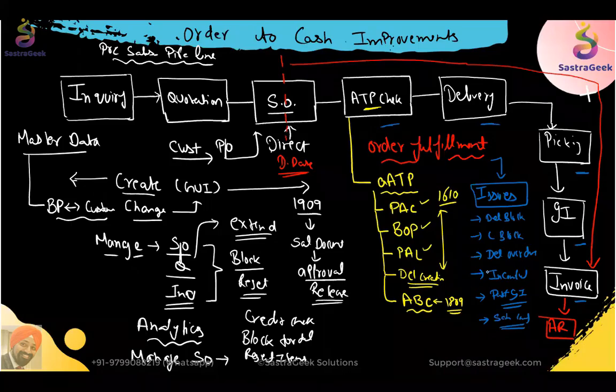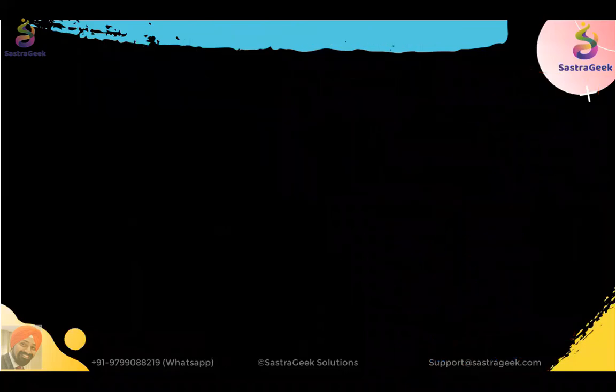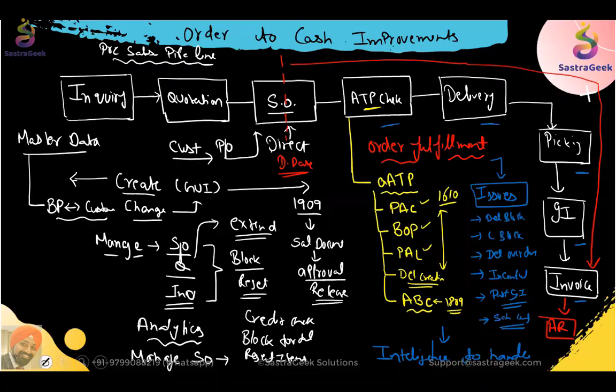Apart from the normal process, the key thing which is not available in the system is intelligence to handle, prioritize and resolve issues. Now I'm having 100 issues every day.